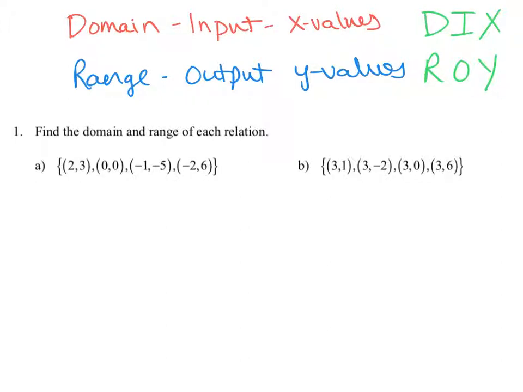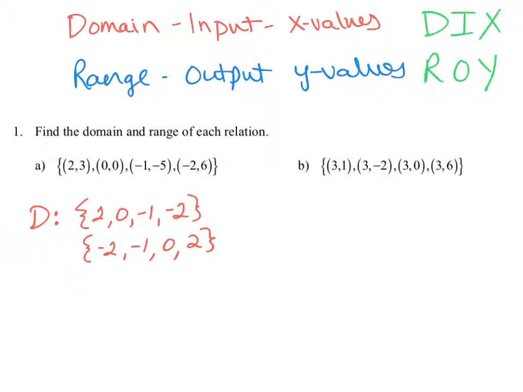For the first set of ordered pairs, we see that the domain, I can abbreviate that with D, is a set of all just the X values. So we can write it as 2, 0, -1, and -2. However, it is common to write these in order from left to right on the number line: -2, -1, 0, and 2.